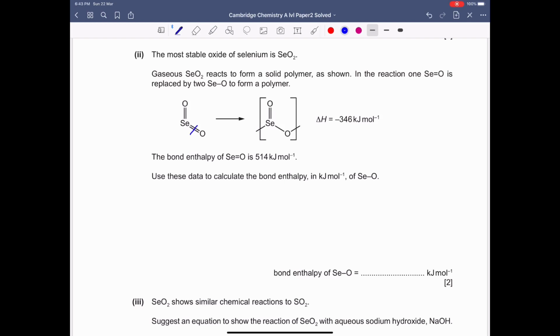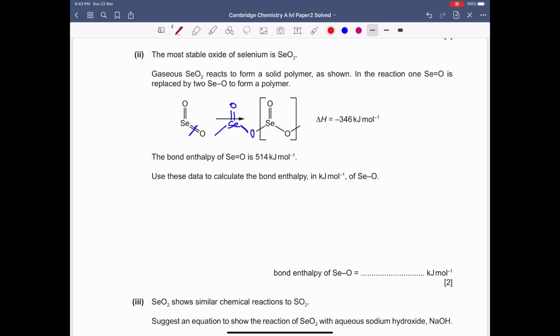Our first focus is we're going to break one of the bonds. Once we break one Se=O, we are forming 2 Se-O single bonds. So to complete the polymer, I'm going to draw few more bonds just so that we're clear.